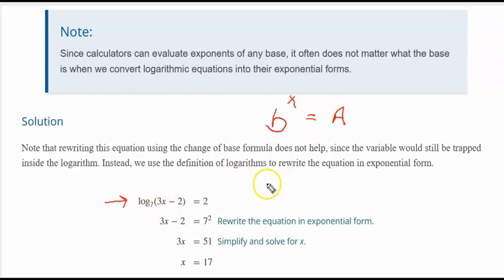So our base is 7. Our exponent is 2. And our answer is 3x minus 2, which is what they have here. So this side becomes 49.